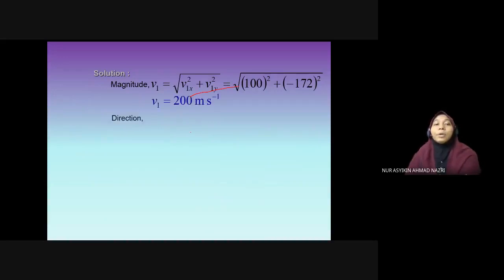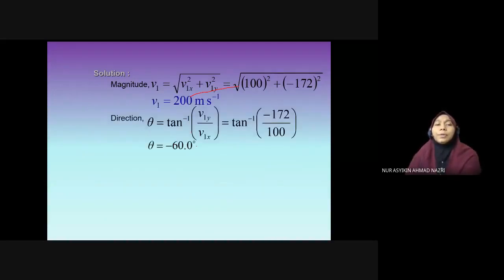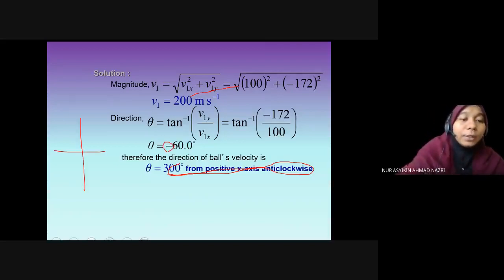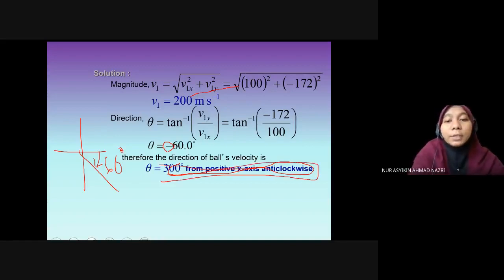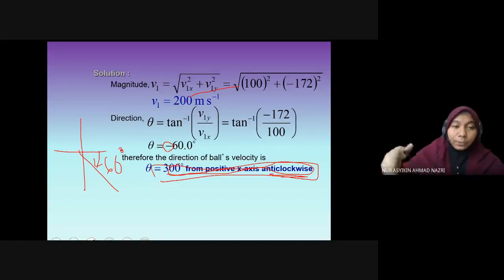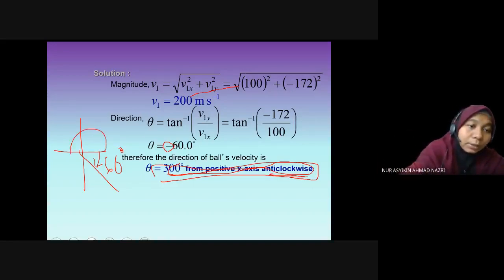Find your direction. Want to leave it like this? No, you cannot. So you need to give the position for the your punya angle. So since ada negative here, negative showing that here dia arah ke sini. Ini yang 60 degree. Bila ini yang 60 degree, maksudnya bila kita nak ambil dari positive x-axis ataupun anti-clockwise yang urutan yang biasa, okay, yang biasa kita buat adalah here lah.